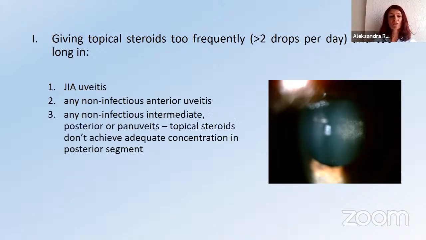Also, any non-infectious intermediate, posterior or panuveitis patient who was treated for too long with topical steroids will have the same complication, but will not achieve adequate concentration of the medication in the posterior segment. So topical eye drops can be used only to treat this spillover anterior uveitis in those patients with posterior uveitis or panuveitis, and in small amounts.